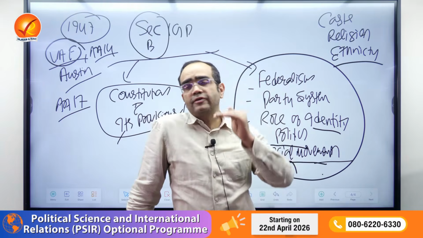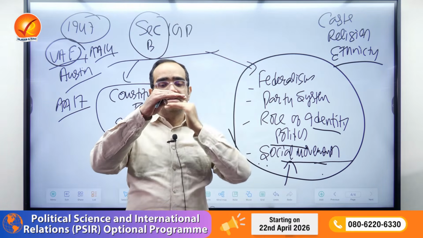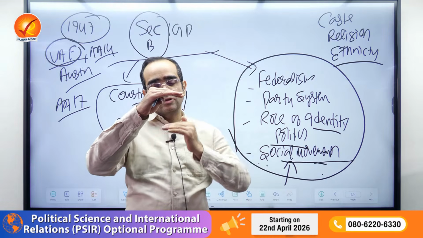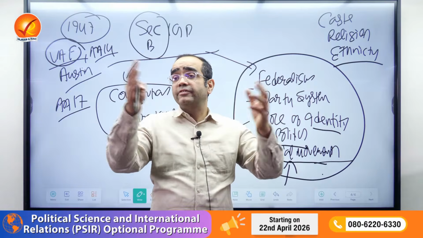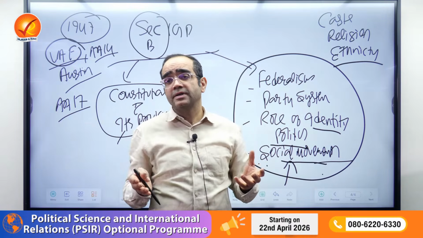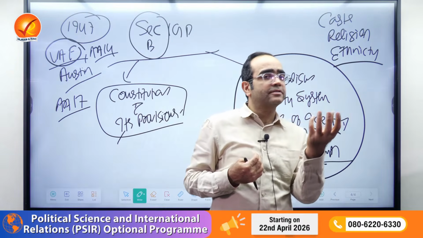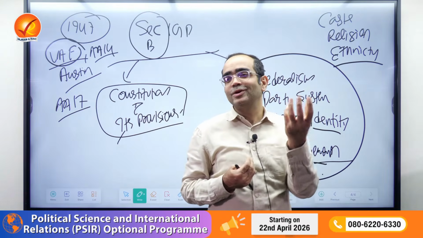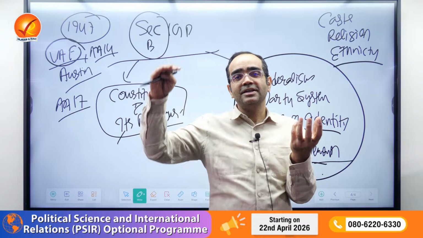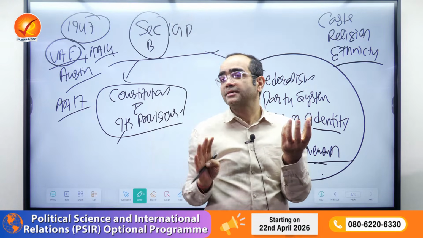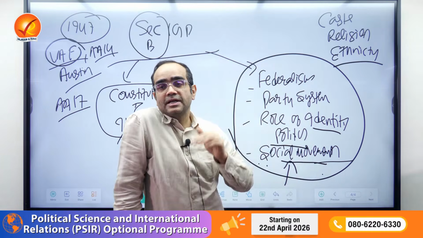In the third tier of our federation, first tier center, second tier states, third tier panchayats and municipalities, many states have already given 50% reservation to women. So that's why feminists say, when you can trust women with 50% reservation in local bodies, why can't you trust them with 50% reservation in Vidhan Sabha and Lok Sabha? At least 50% should be given.